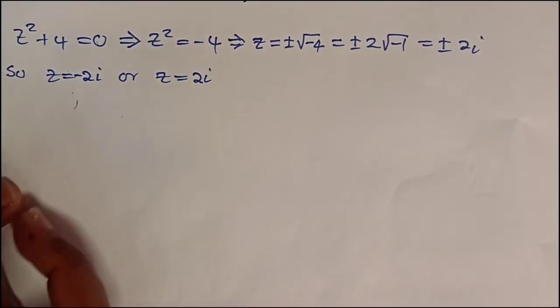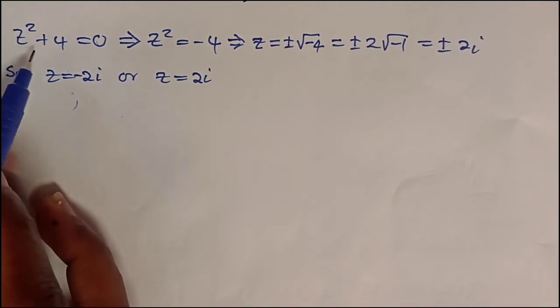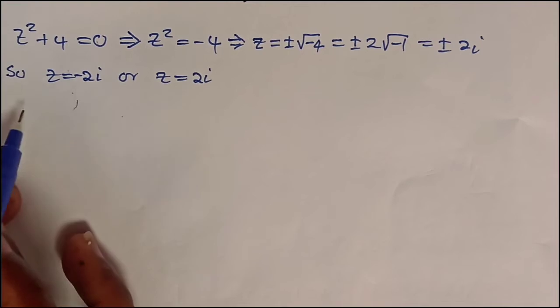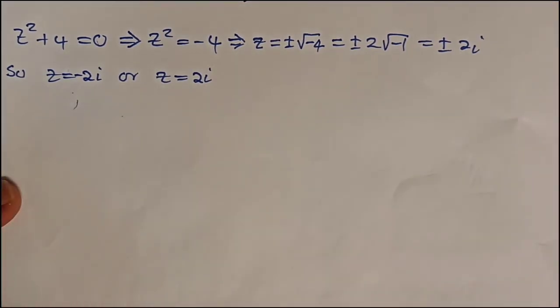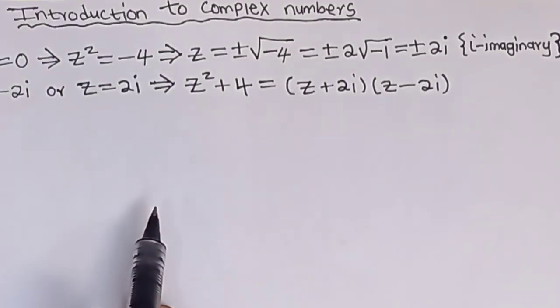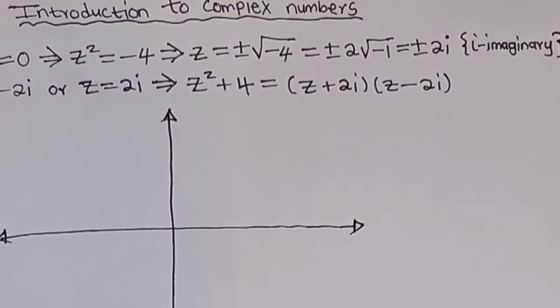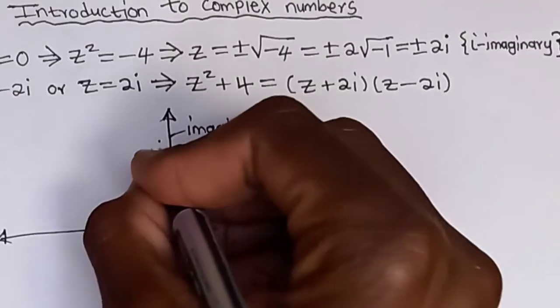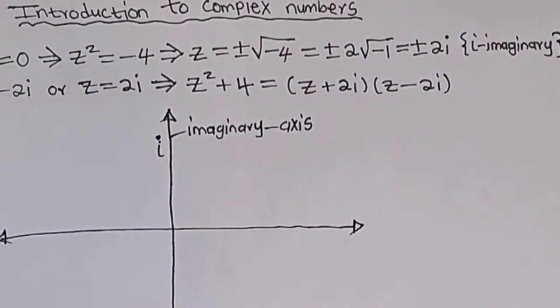So z squared plus 4 can be factored as a difference of two squares, z minus 2i and z plus 2i. And we can also represent our solution in a complex plane, which consists of the imaginary axis and the real axis.